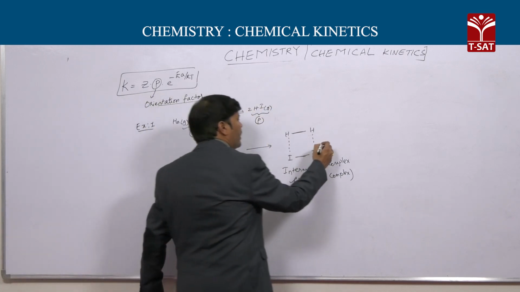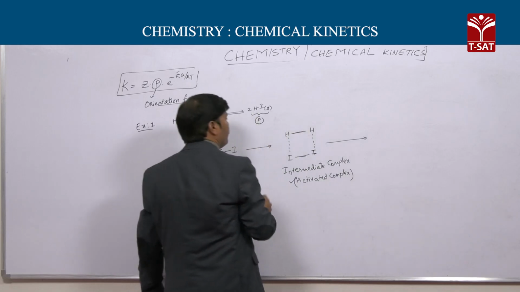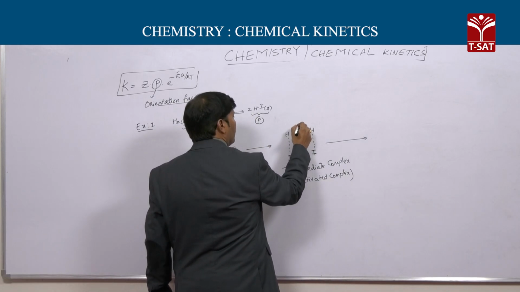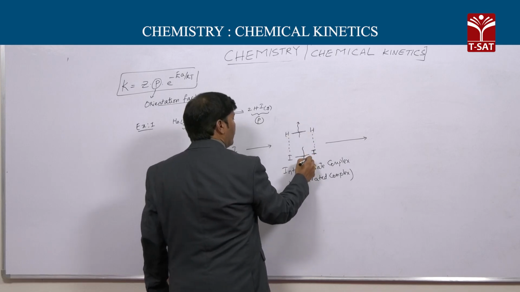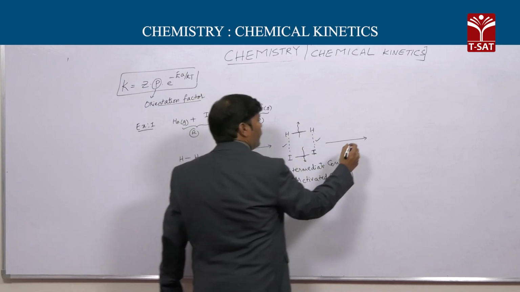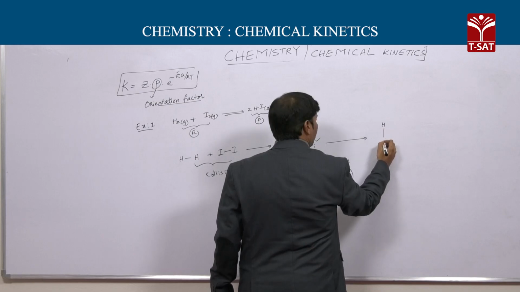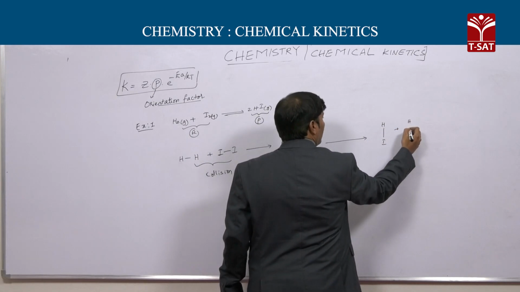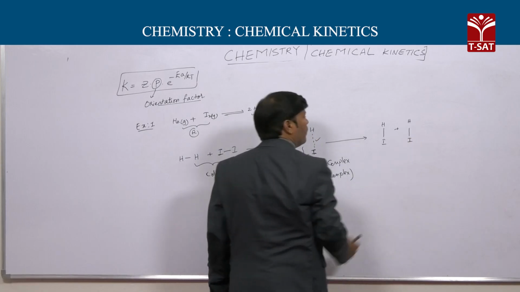So what is happening here? The next final product here, that means old bonds have to break. This bond will break. The old bond is going to break and the new bonds are going to form. When the new bonds are formed, it is going to result in the formation of the same molecules of HI only, but new bonds in a new direction we can get.